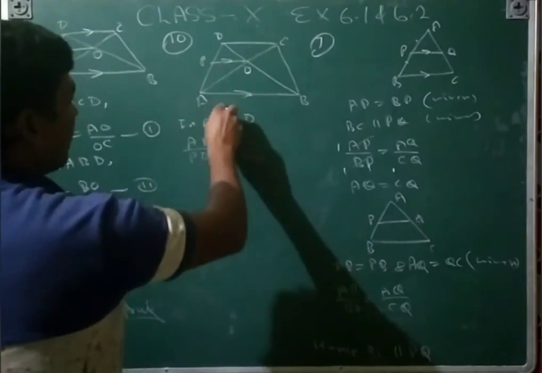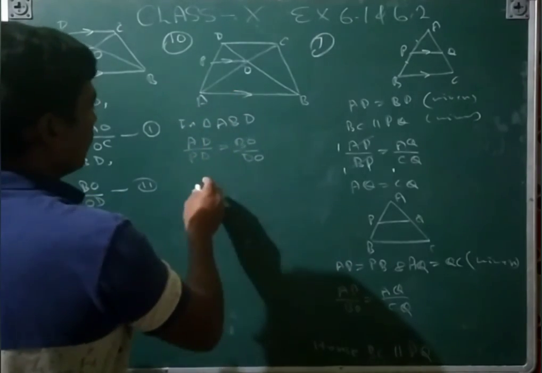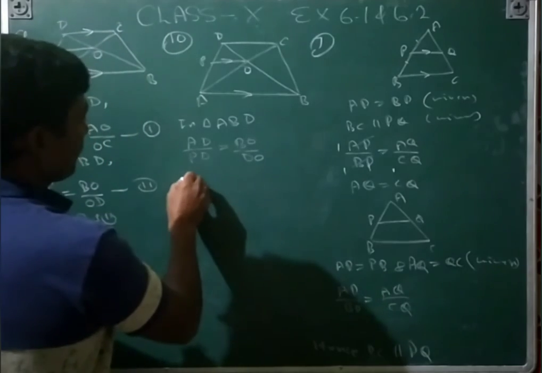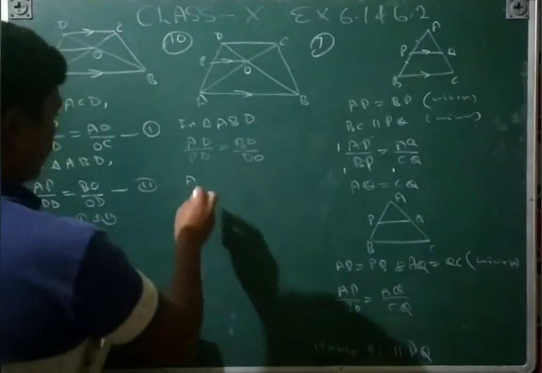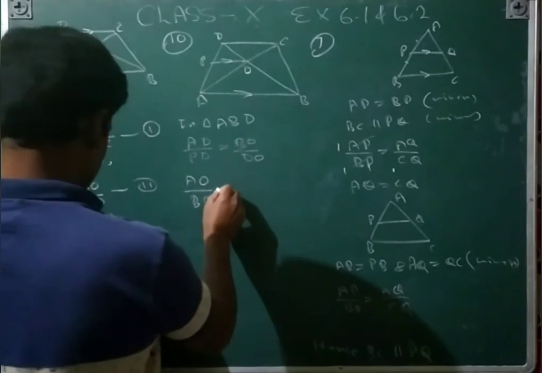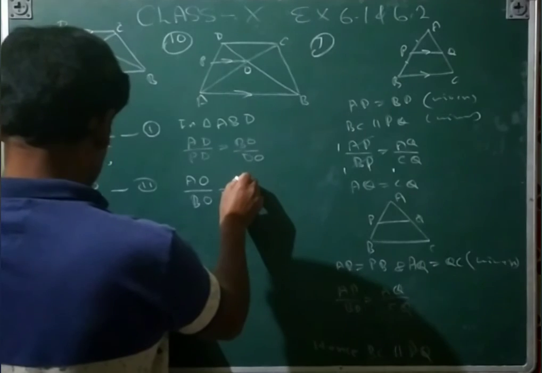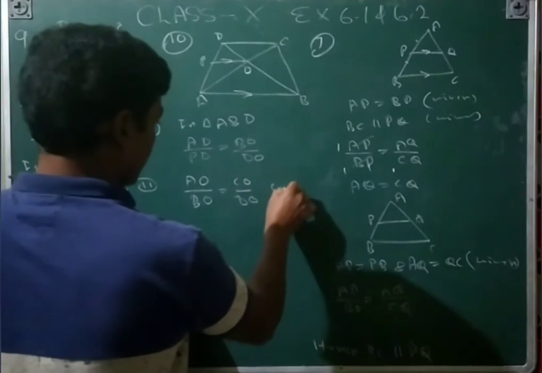That is a parallel. And that one also is given there: AO upon BO is equal to CO upon DO.